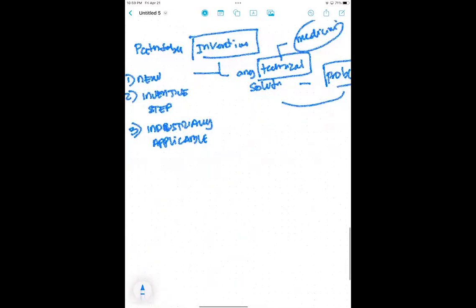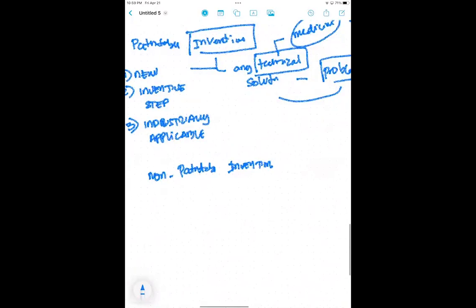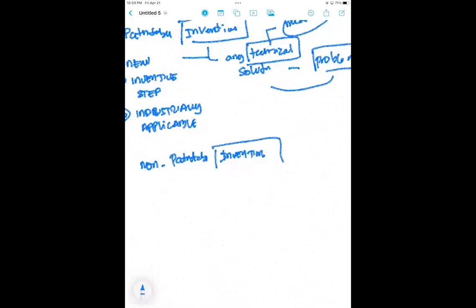Okay, now what are non-patentable inventions? Okay, so again, we are talking of an invention, but these are not patentable. Okay, so kahit ma-invento mo to, hindi ka makakakuha ng patent para dito.